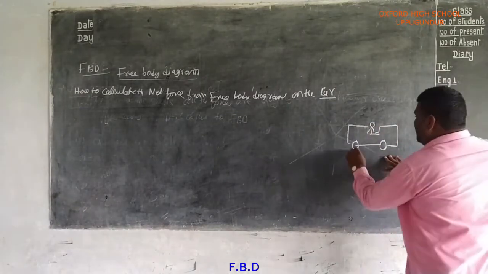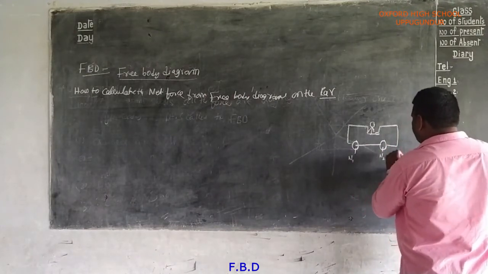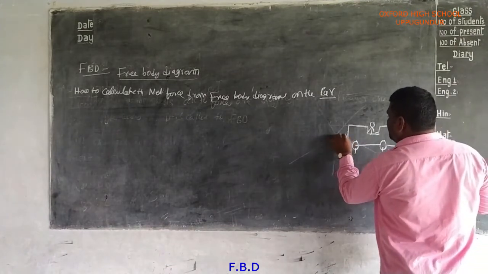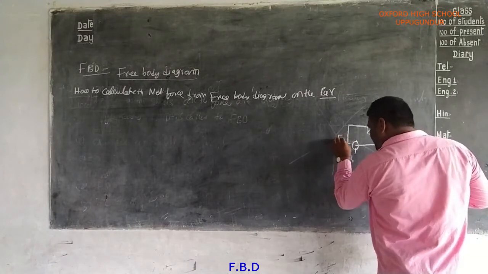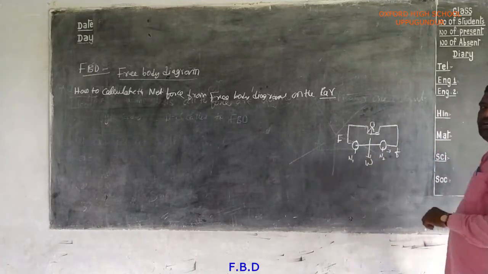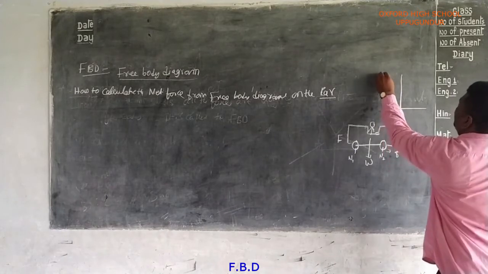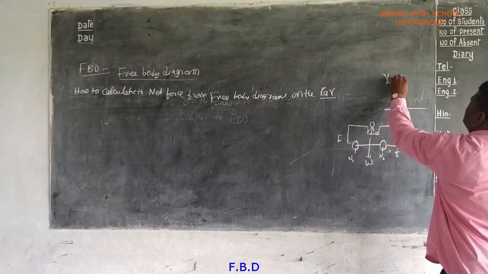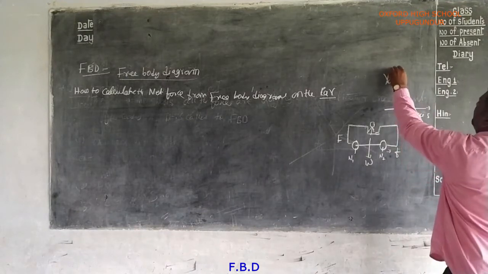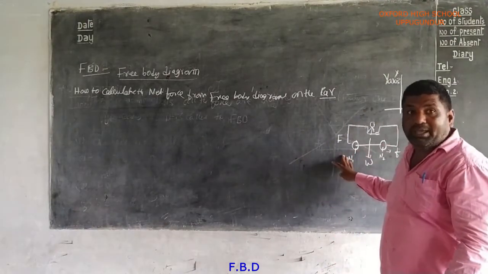Here N1 and N2 are the normal forces, friction is applied, and force is applied on the engine, and there is the gravitational weight of the body. And we will draw one graph with a y-axis and an x-axis.